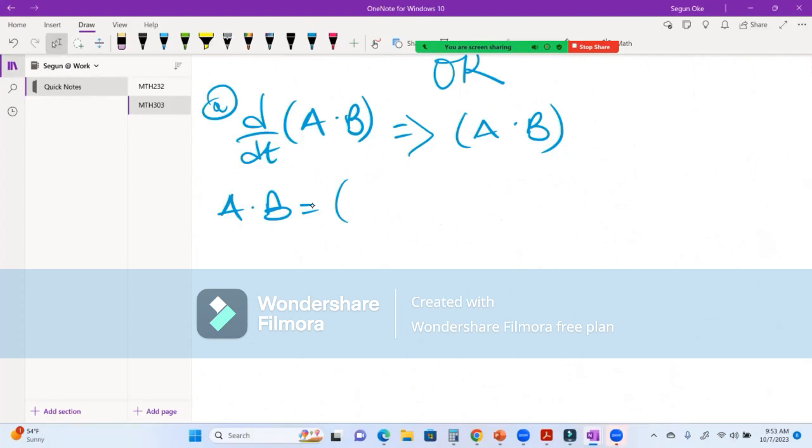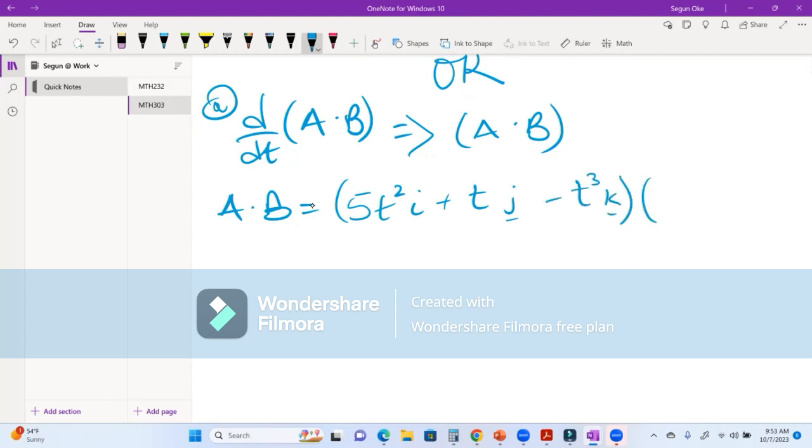A is equal to 5t square i plus tj, minus t cube k. So now we have this.